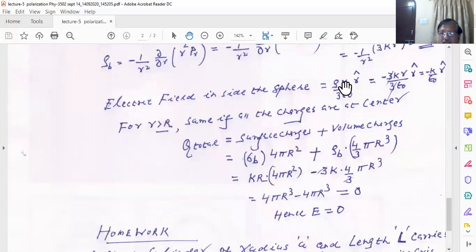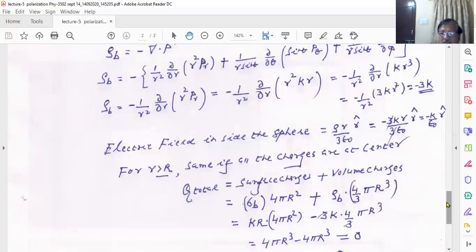So this is the expression which we have already discussed: rho r upon 3 epsilon 0 in the direction of unit vector r. And rho is the volume charge density of the bound charges, so that is minus 3k. So I write minus 3k times r upon 3 epsilon 0, in the direction of unit vector r.